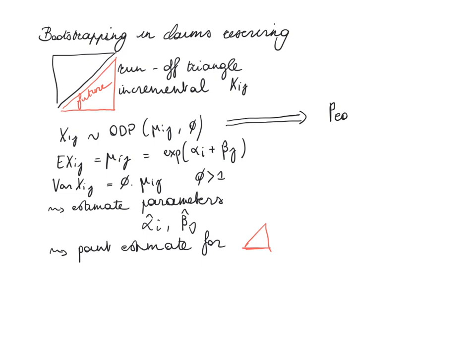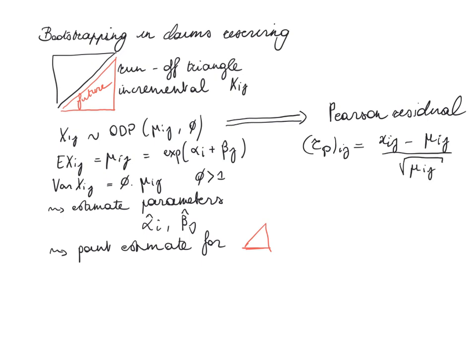So the definition of a Pearson residual in this Poisson model would be that you get, say, R^p_ij being equal to my xij minus the mu ij divided by the square root of this mu ij.